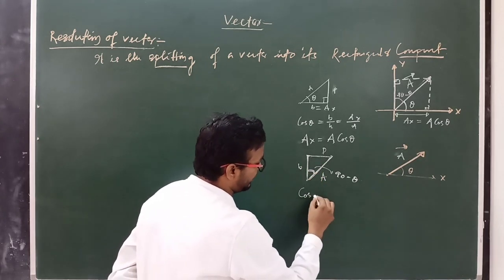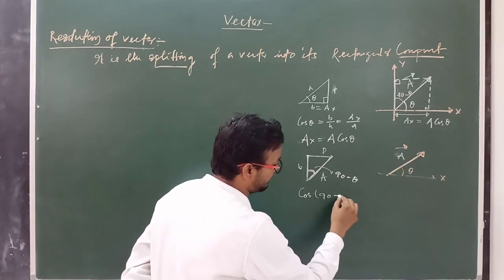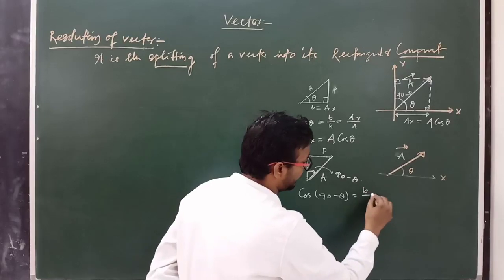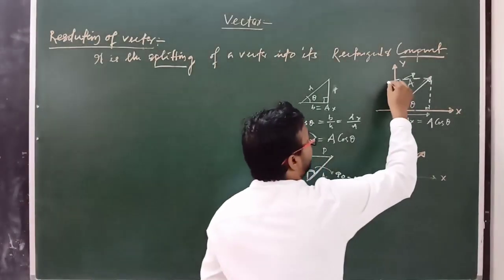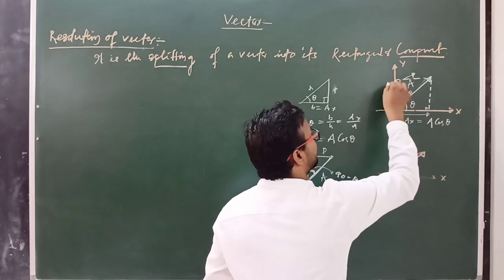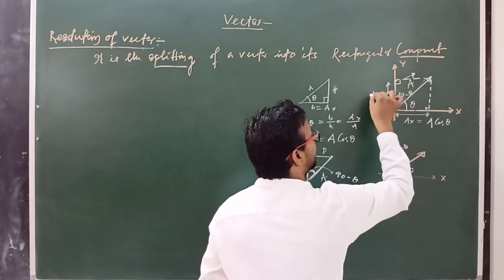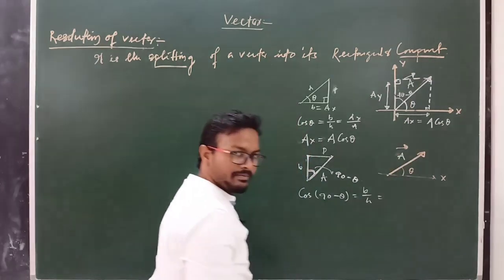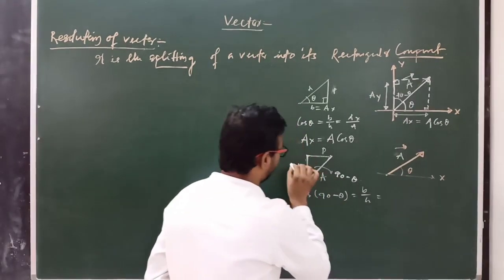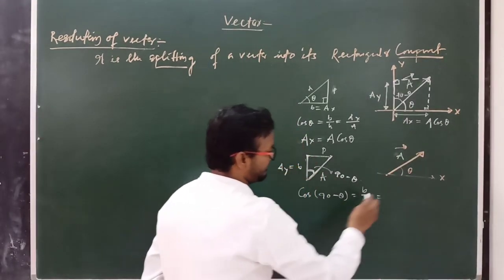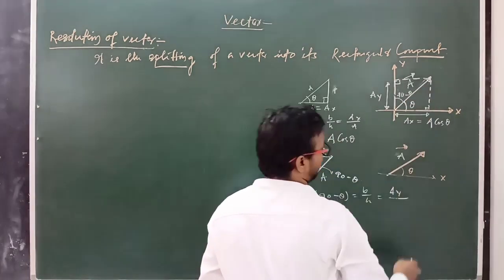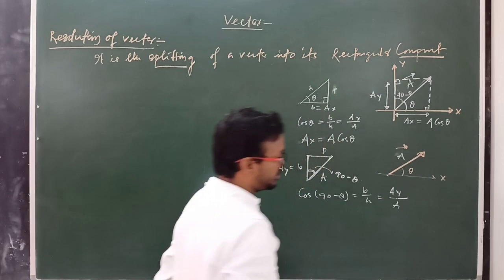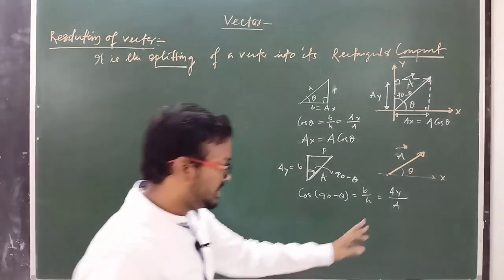So here you can calculate this base. Cos of (90 minus theta) equals b by h, and b is this distance, which I am taking as ay because it is in the y direction. So ay divided by h, and h is the hypotenuse, which equals a.